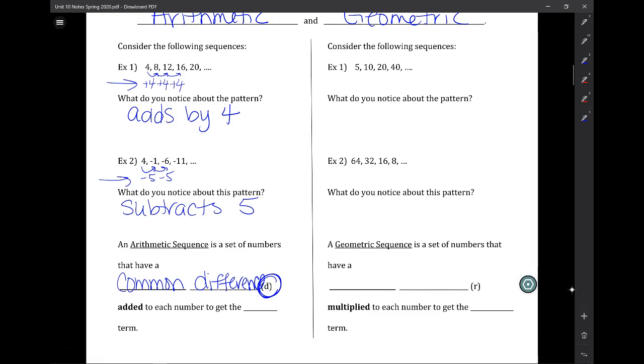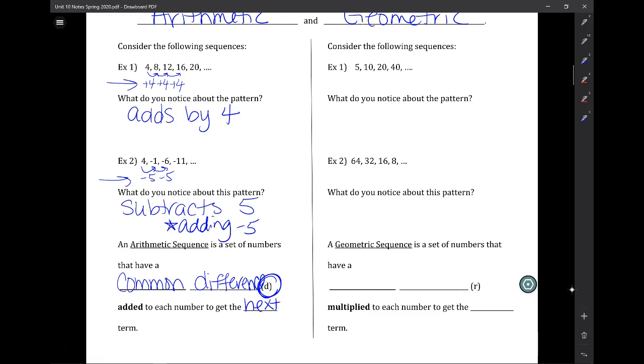If we are adding something, your common difference is going to be positive. If the sequence is going down or decreasing, then your common difference is going to be negative. So think of it as adding -5, adding to each number to get to the next term in the sequence.